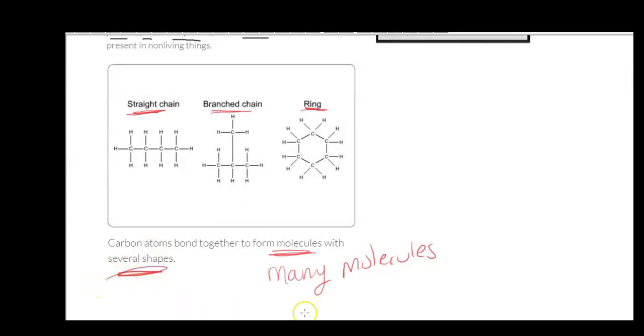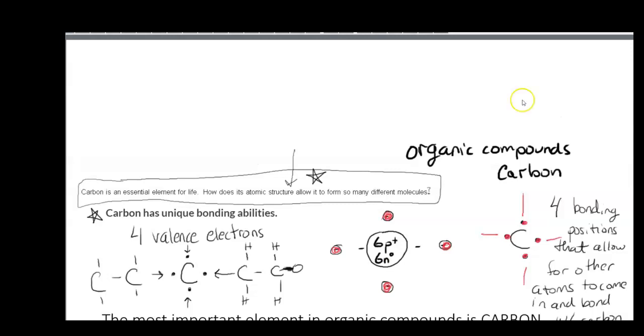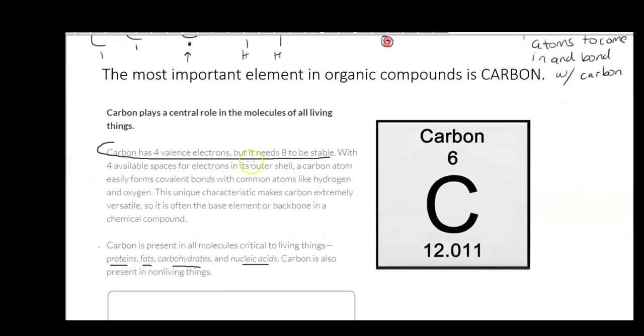Okay, so again, the CRQ is pretty straightforward. The question is, how does carbon's atomic structure allow it to form so many different molecules? Carbon has 4 valence electrons, which gives it 4 available spaces for other atoms, like hydrogen and oxygen, to come in and bond. Now, as a comparison, I want to show you something. If you are hydrogen, you only have 1 valence electron. So there's only 1 bonding dock there, if you will.